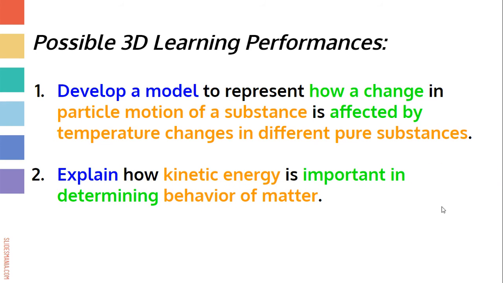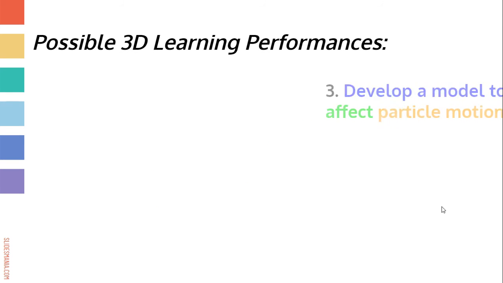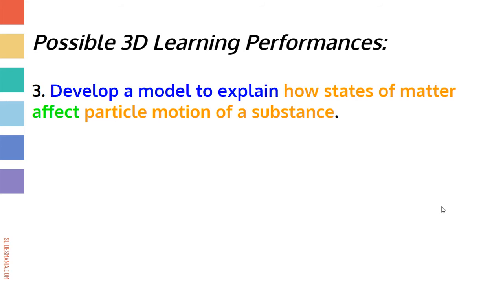Same thing with this one. Explain how kinetic energy is important in determining behavior of matter. You can give them something to do, to explore, to figure out so that they can meet that performance. A couple more. Develop a model to explain how states of matter affect particle motion of a substance.